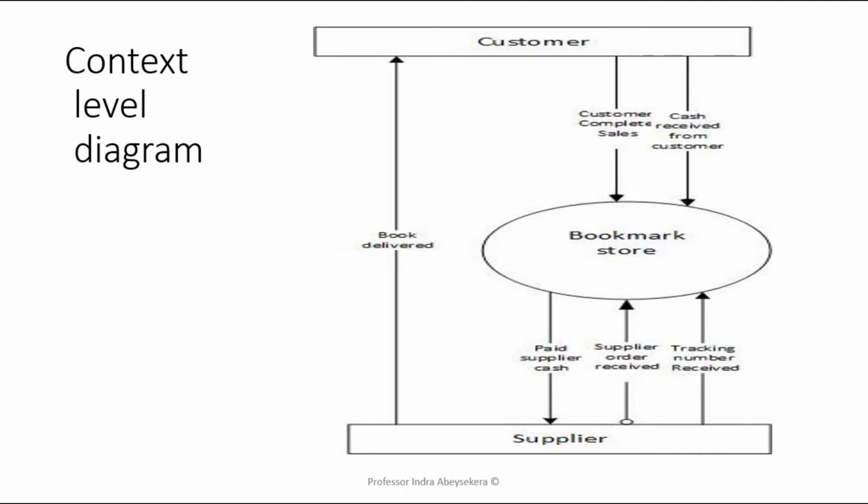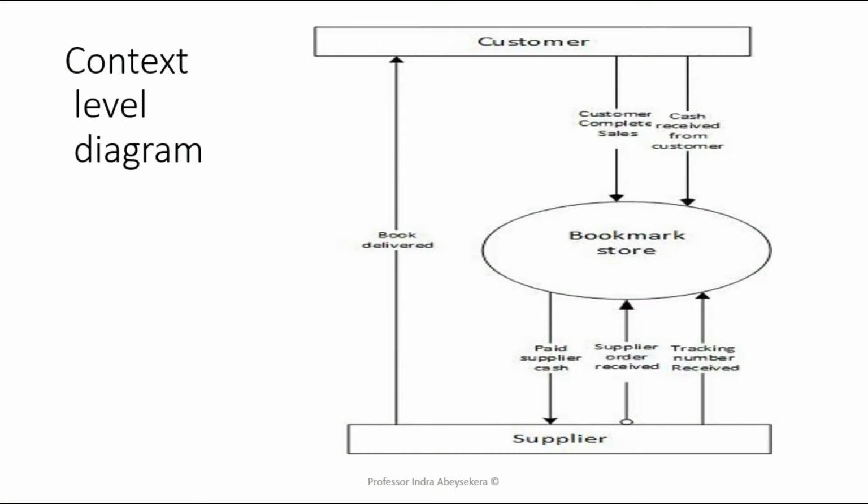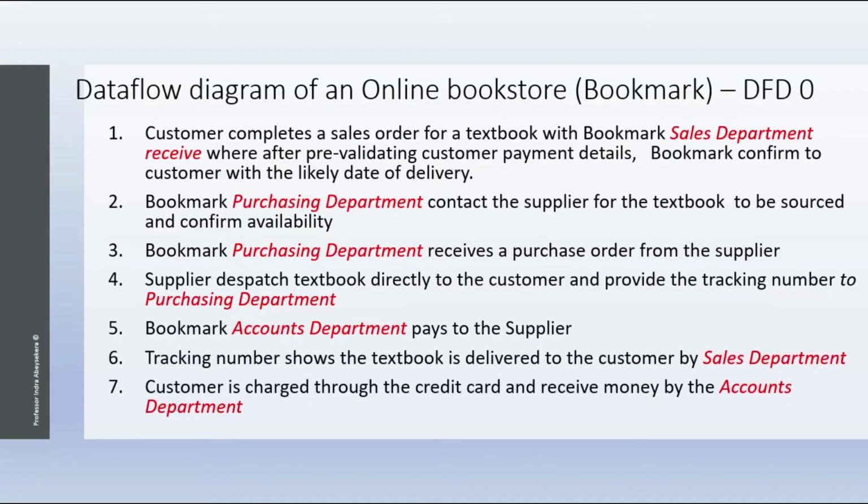Now that information system, the bookstore, the company, can be expanded into a number of processes. So the next level is where we expand the information system into manageable processes. We saw in the first diagram it as one process.